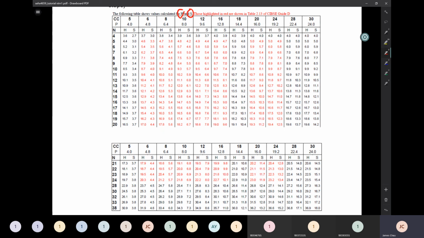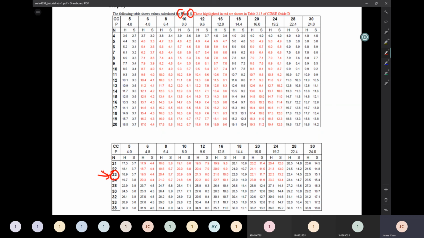But above the main terminal, we have 24 only. Therefore, in this table, we identify the row for 23. It means we are going to obtain the value of H and S for 23.